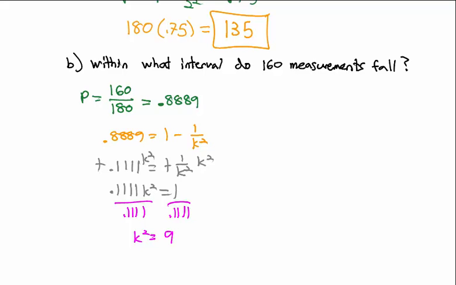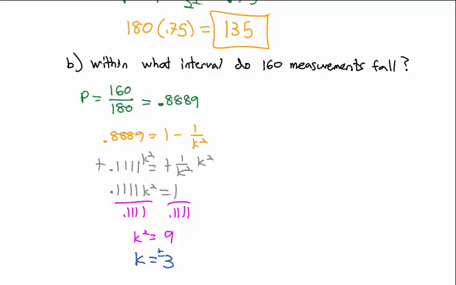So k, taking the square root of both sides, k is equal to 3, and actually plus or minus 3. And what does k represent? The number of standard deviations above and below the mean.